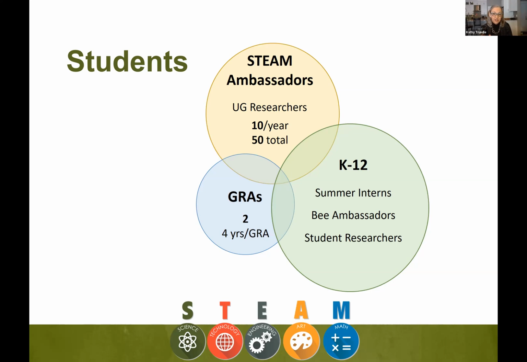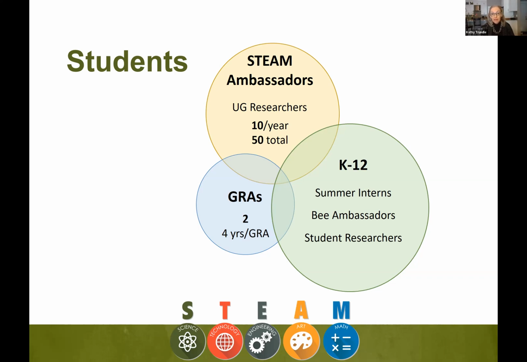We have grazing research that you heard about yesterday. We have educational research that you're hearing about today. So how can those undergraduate researchers best interface between the education research, the education implementation in the schools, and the grazing research? We also have K-12 students who will be summer interns with the grazing research.